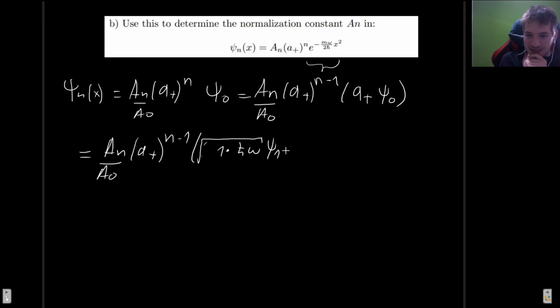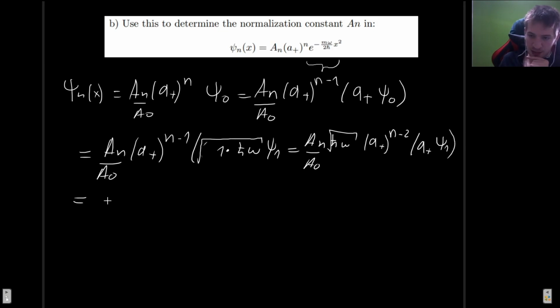Okay, so let us do that again. So we're going to have an over a0 times the square root of h bar omega times a plus to the n minus 2 power, and now we put that a plus that we took in here with psi 1. Okay, so there's nothing illegal going on. So an over a0 square root of h bar omega times a plus to the n minus 2. So let us look at what happens here.